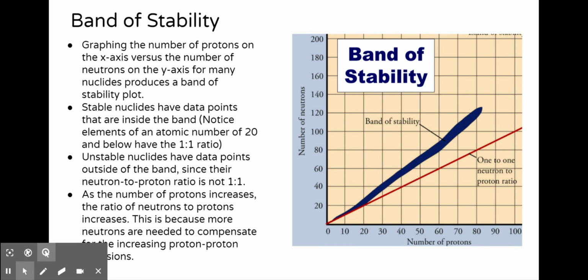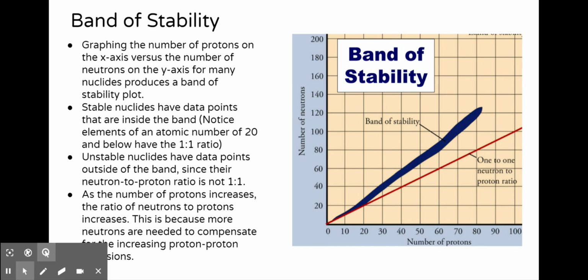Next, nuclear chemists in general use the band of stability to help them determine whether or not an isotope is going to be stable. They have graphed the number of protons of isotopes on the x-axis versus the number of neutrons on the y-axis.